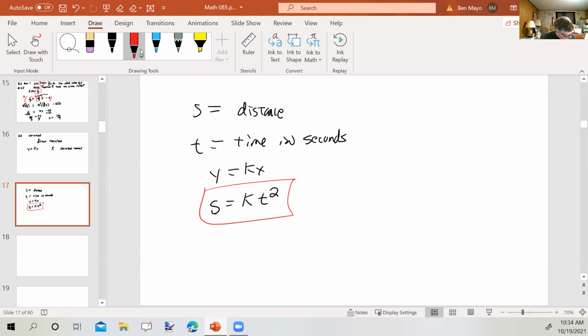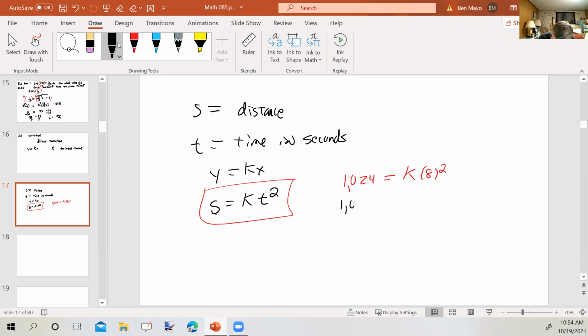All right, now it says if an object falls 1,024 feet, so that would be s, in 8 seconds, how far will it fall in 10 seconds? Well, now that we're given a value of s and a value of t, we can determine what k is for this particular example.